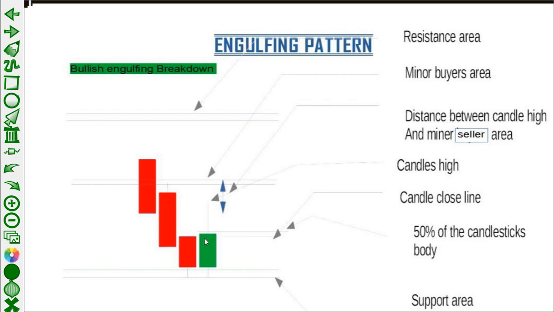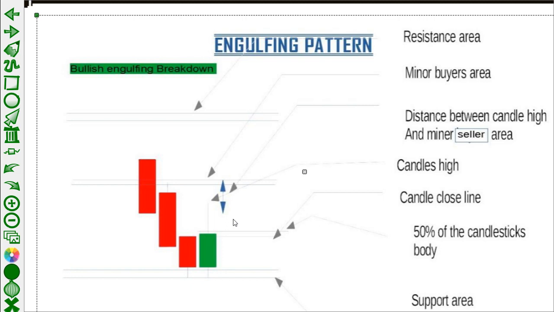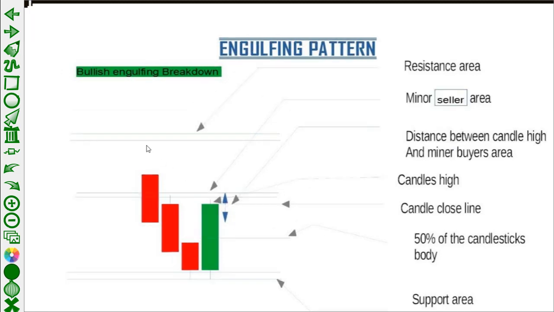There might be a small red candle and then the market will move up, or the market may move up straight from the close of this candle. But there are also chances that we get a doji candle or a small green candle, which may reduce the accuracy of the engulfing pattern.